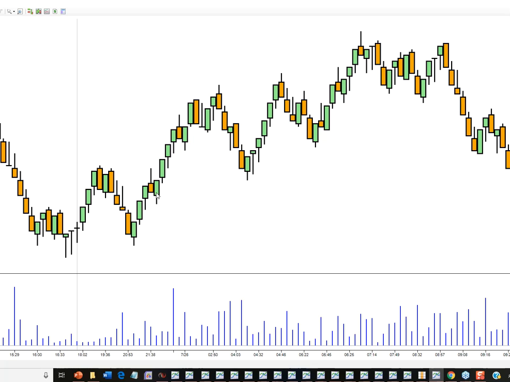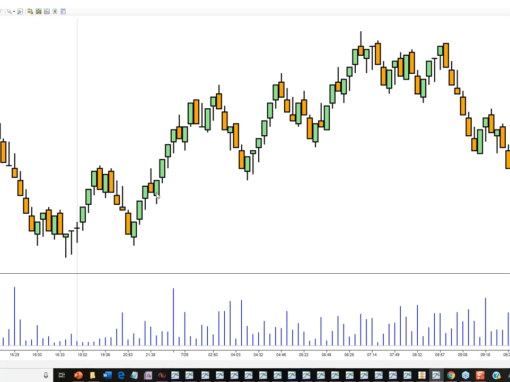candle. Now, I've seen lots of webinars, lots of software, lots of traders talk about volume using this standard indicator. And there's a big problem with it, and there's a big problem with the way that we actually think about volume.